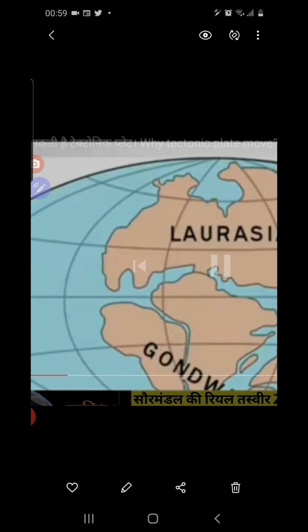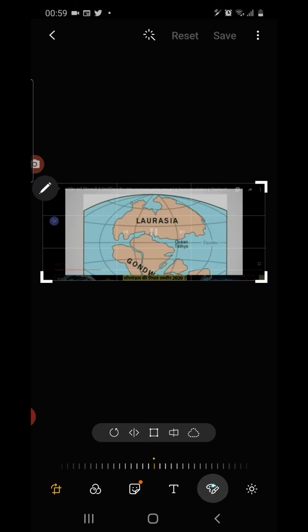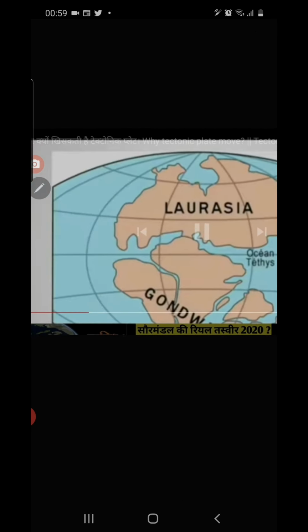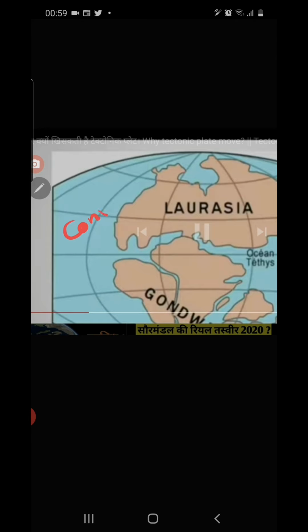So what is responsible for the movements of these tectonic plates is mainly the convection currents generated under the earth, below the crust, in the upper mantle.